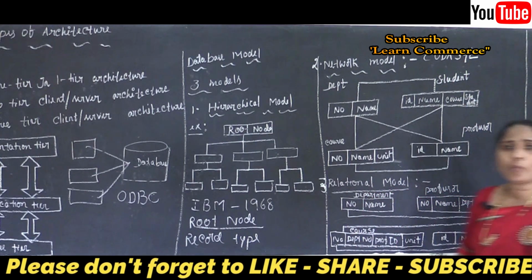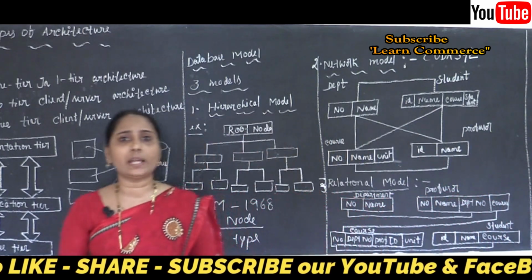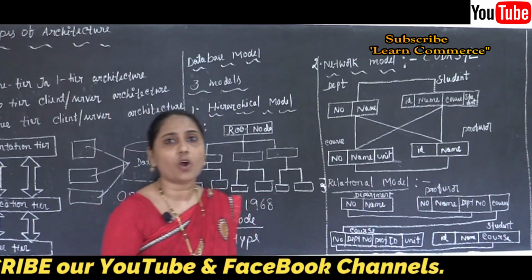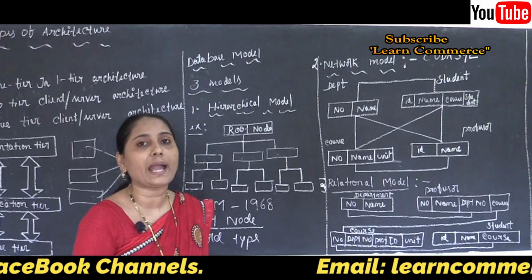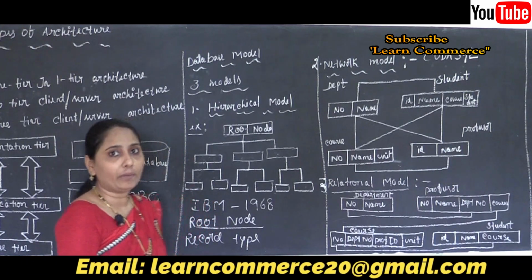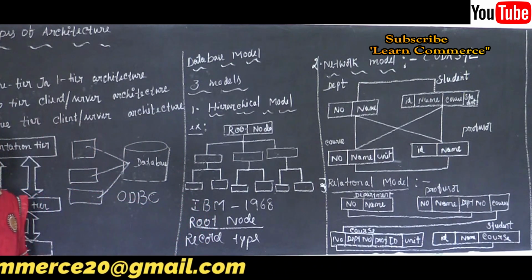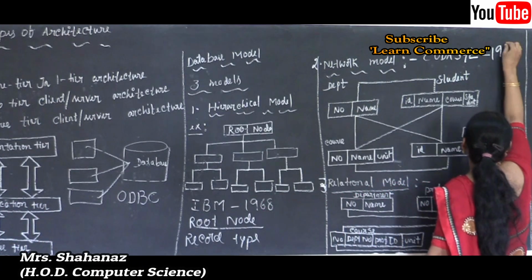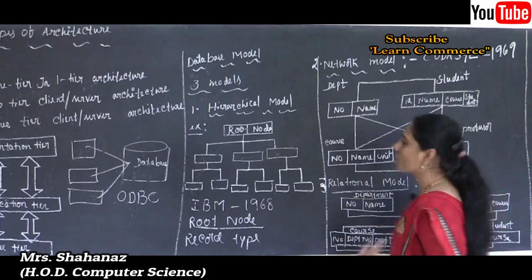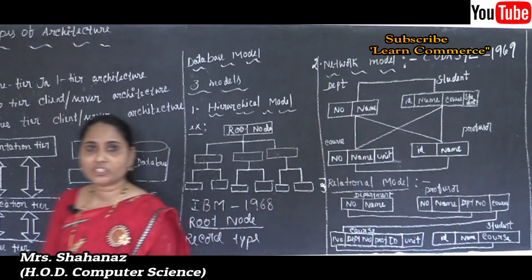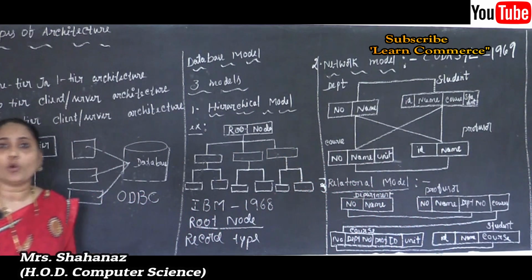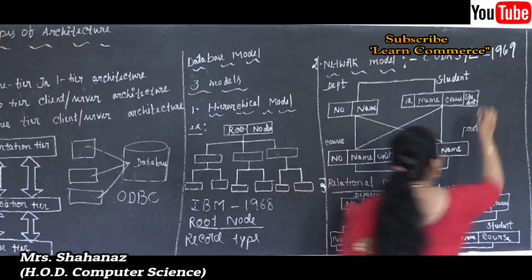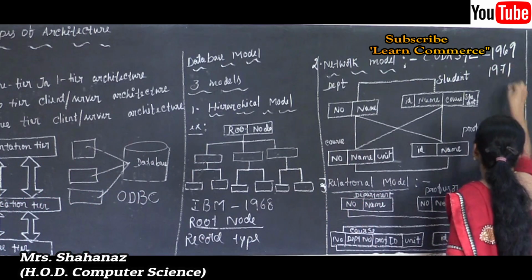So what's the full form of CODASYL? The full form is the Conference on Data Systems Language. It was developed in the year 1969. So the first specification was developed in the year 1969, and this specification was followed by the second specification in the year 1971.